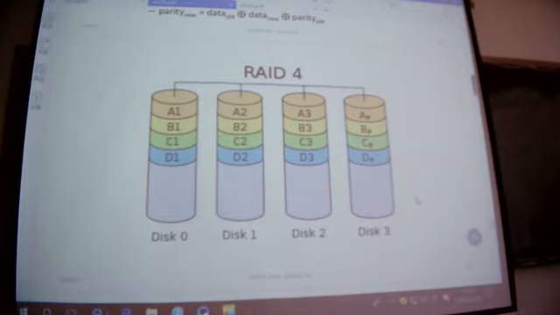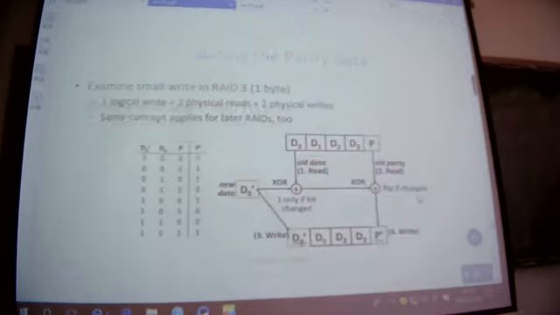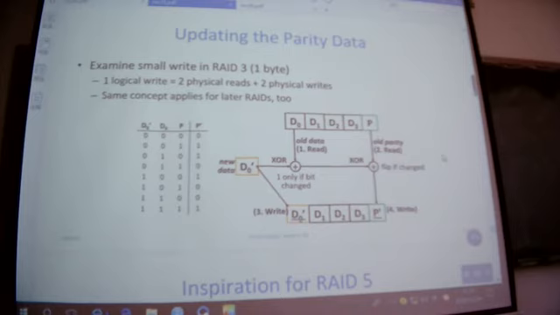There are no mirrors. Okay, we can update the parity data. But then a small write in RAID 3: 1 logical write equals 2 physical reads and 2 physical writes. So there is some correction and some calculation.